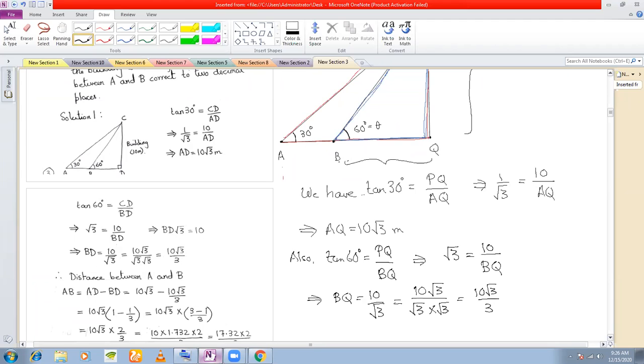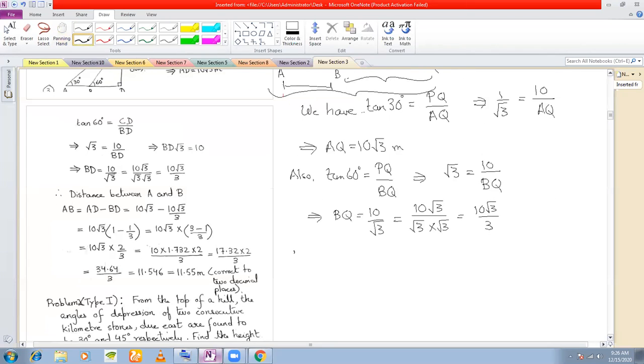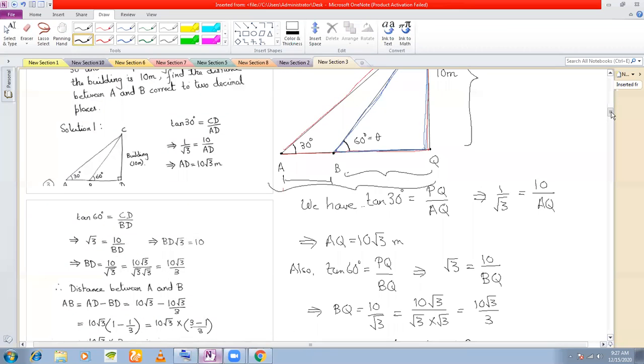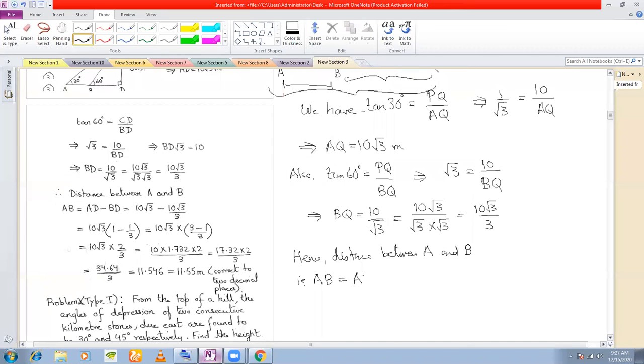So therefore, you've got this length and you have got this length. Therefore, what should be the distance between A and B? Hence, distance between A and B, that is AB, is equal to AQ minus BQ.